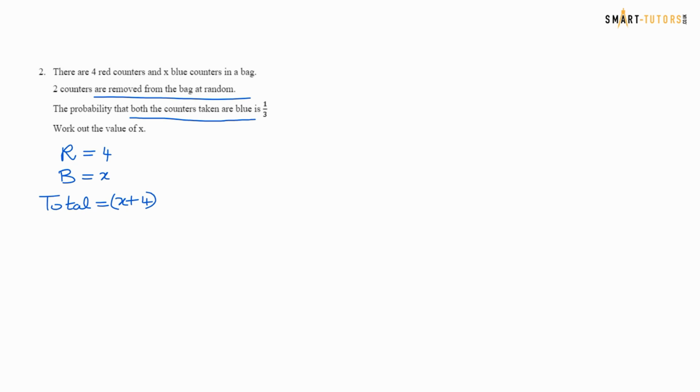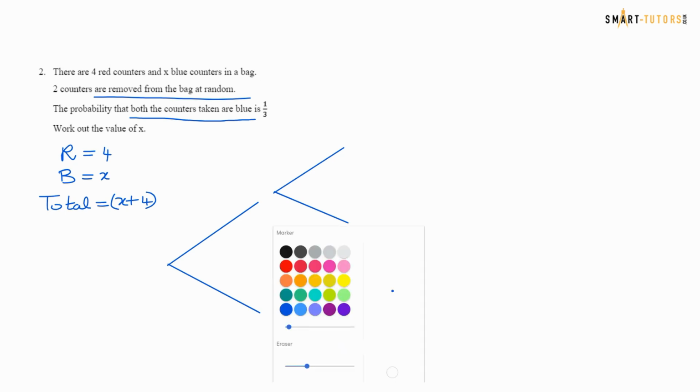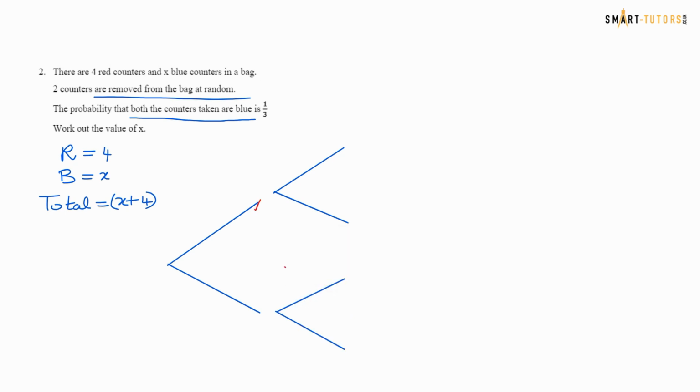This is the question we discussed in the topic revision 37, but here the algebra comes into play. I'm going to draw the tree diagram, but I'm not going to fill up everything. There's a trick you need to follow here. This is red and this is blue, and this is red, this is blue, this is red, this is blue.